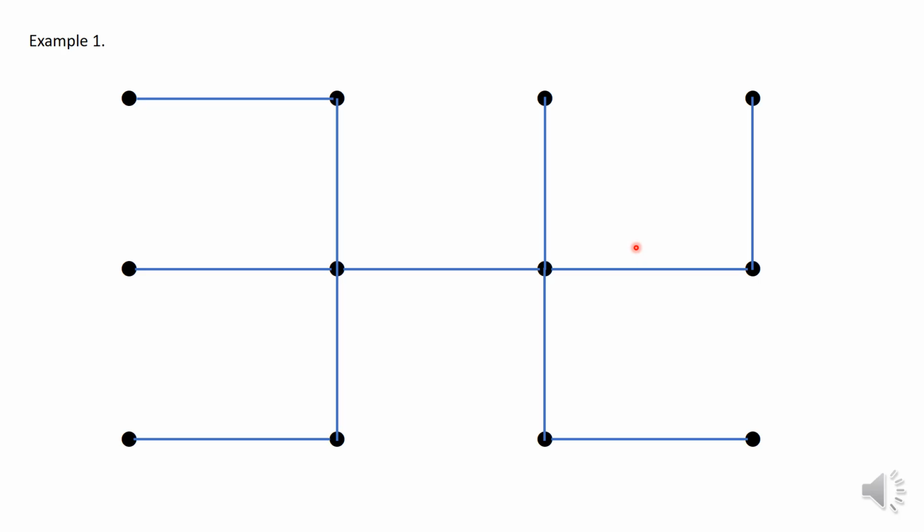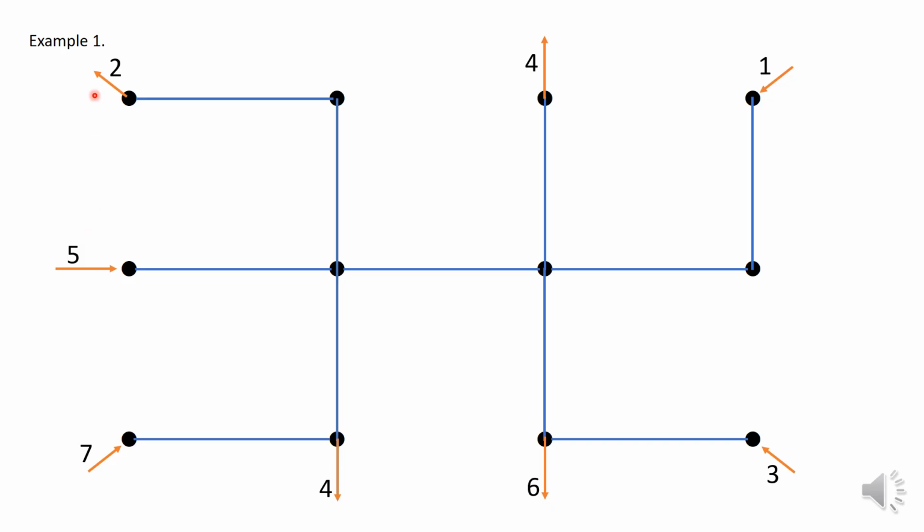Now, to the network, we apply inputs and outputs. The arrows into the network represent inputs. The arrows away from the network represent outputs or flows out of the network.